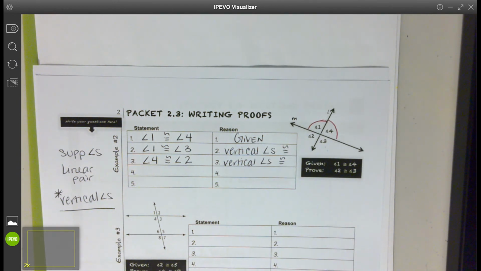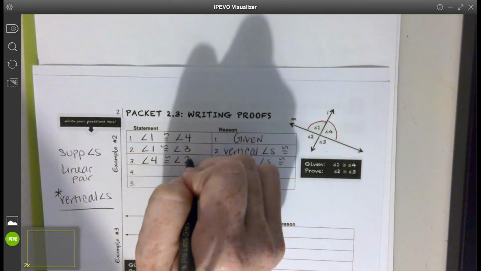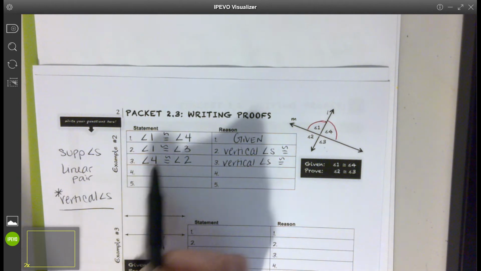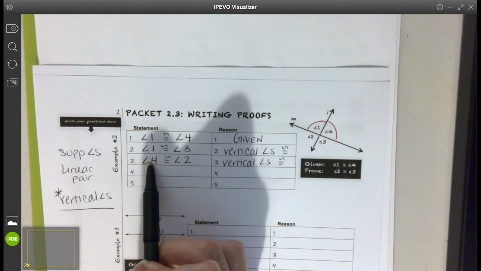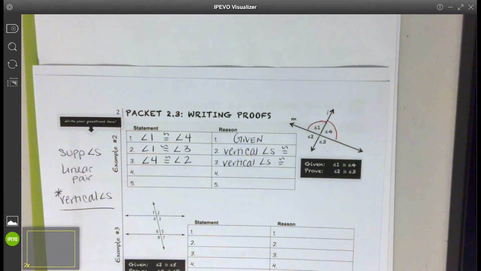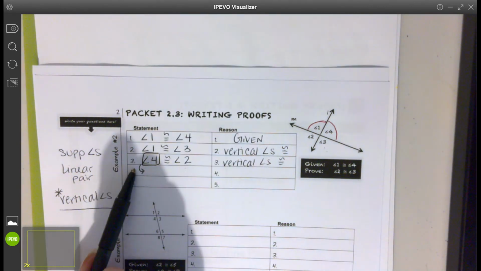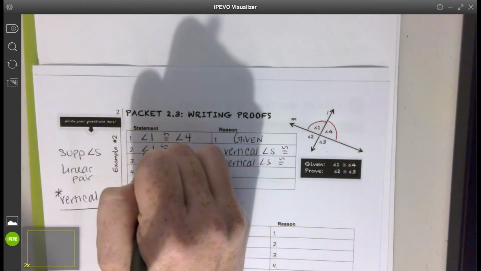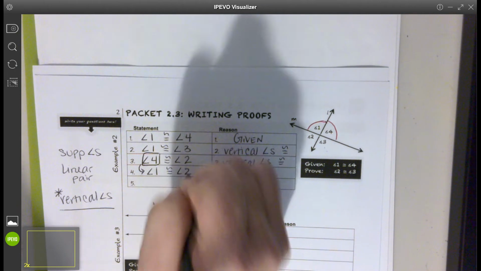Now, this is where we want to get our information linked together. So I'm going to start by saying that I know that I have angle 4 and angle 2, but I also know something else about angle 4. Angle 4 is congruent to angle 1. So I can say that not only is angle 4 congruent to angle 2, I could say angle 1 is congruent to angle 2.